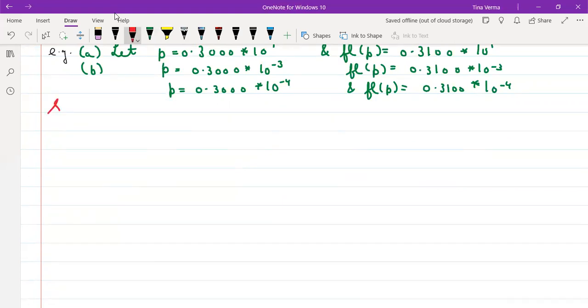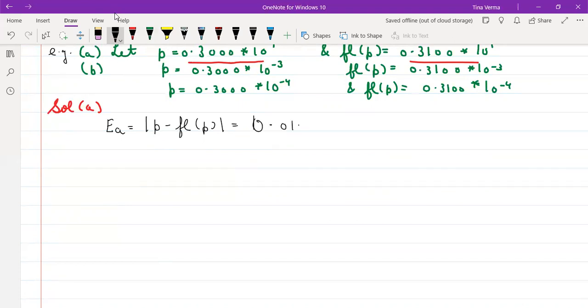So the first part: P is 0.300 into 10 raised to the power 1. To find the absolute error, it is P minus the approximation of P, that is 0.300 into 10 raised to the power 1 minus the approximation, and this comes out to be 0.0100.